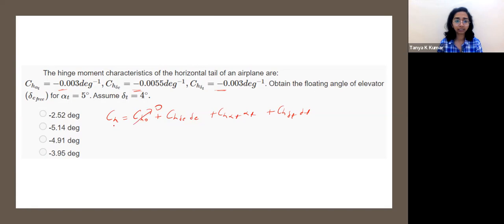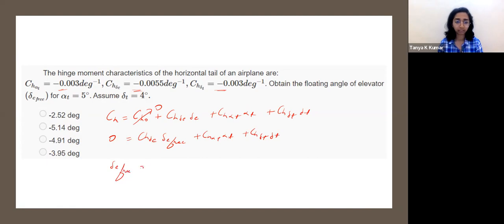Stick free case, CH is 0. So 0 equals CH delta E into delta E free plus CH alpha T into alpha T plus CH delta T into delta T. So plug in all the values and let me know what delta E free is.